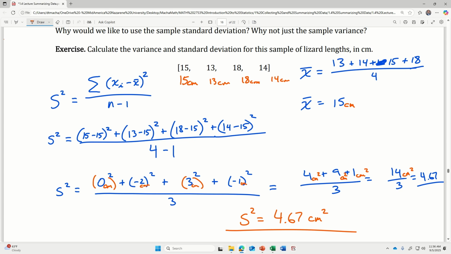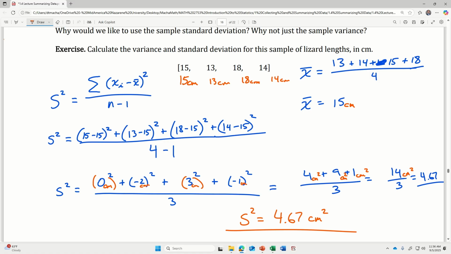So ideally, I want a measure of dispersion that is also in the same units as my data set. I don't want a measure of dispersion that tells me about an area. I don't have an intuitive way to interpret this. Like, these lizards that we're measuring are these specific lengths, and what's the measure of dispersion? It's a measure of area.